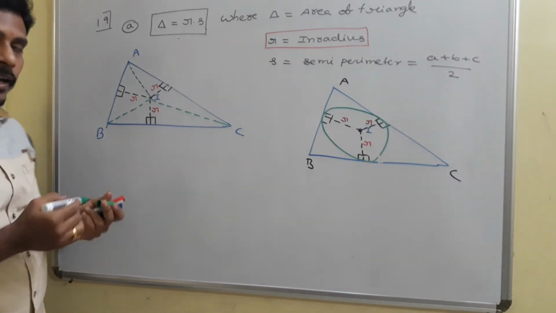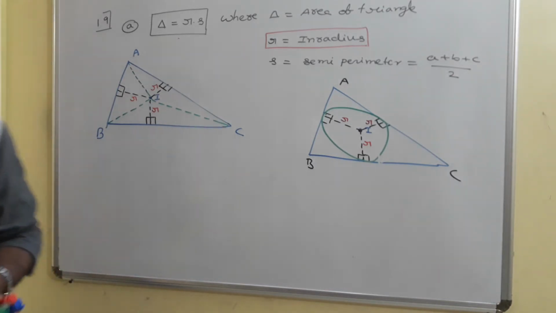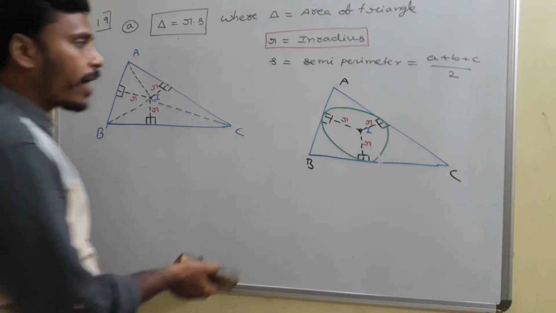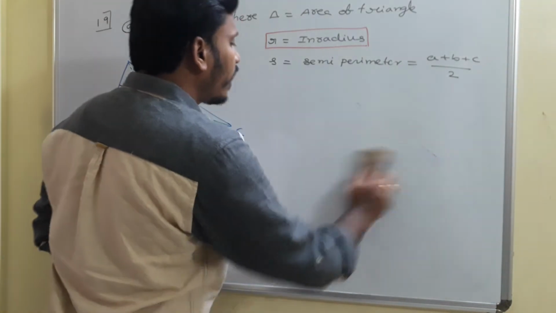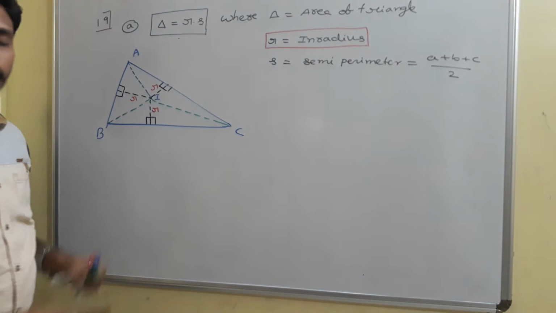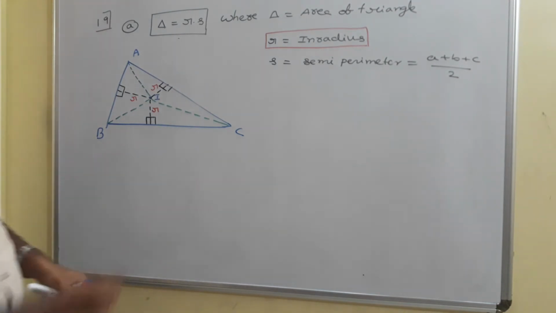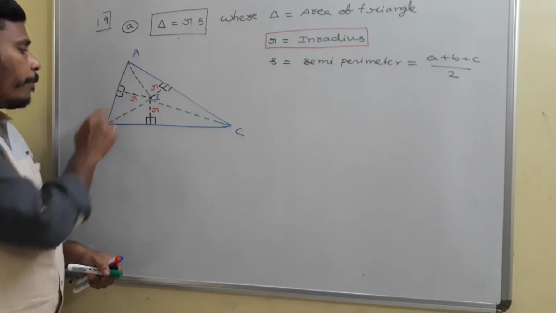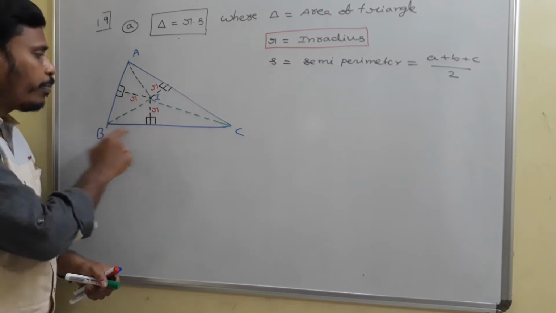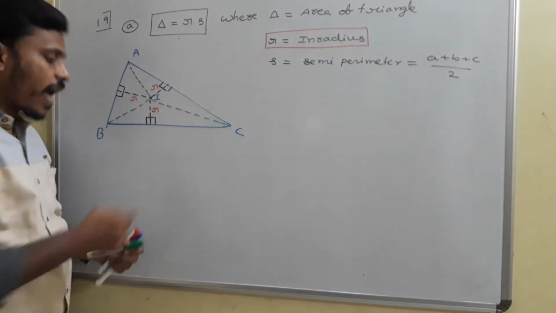Now if you pay attention to the diagram, here 3 different triangles are there in this big triangle ABC. One triangle is IAB, the other triangle is IBC, and one more triangle is ICA.